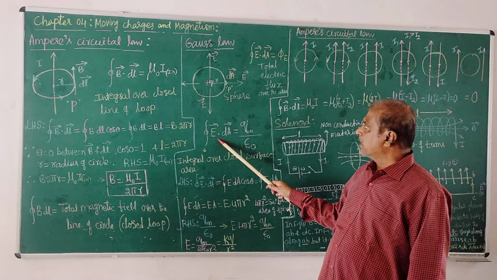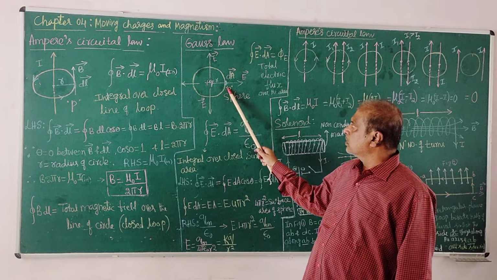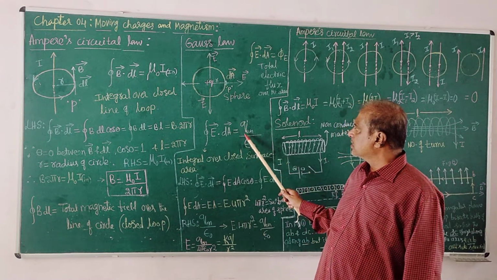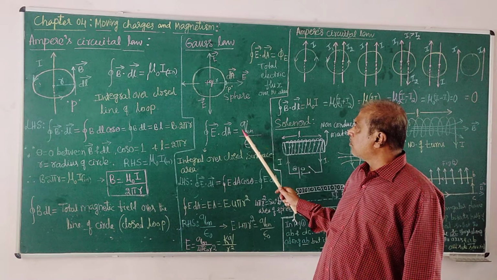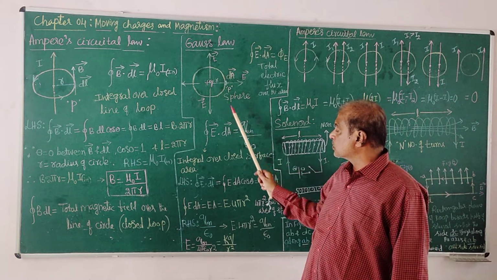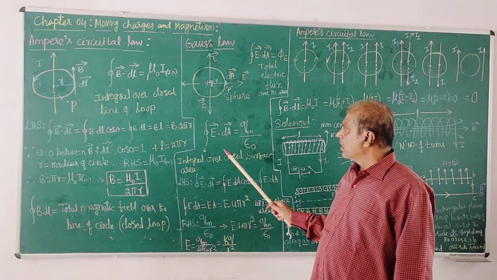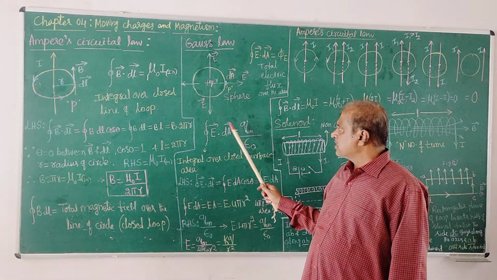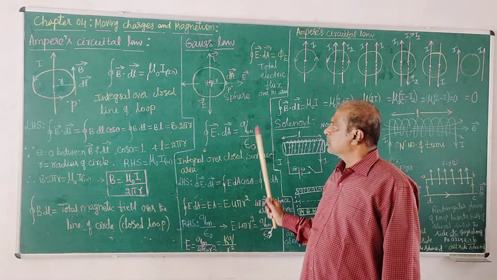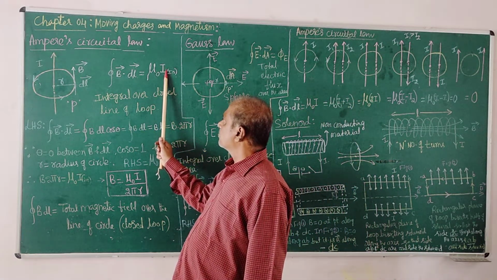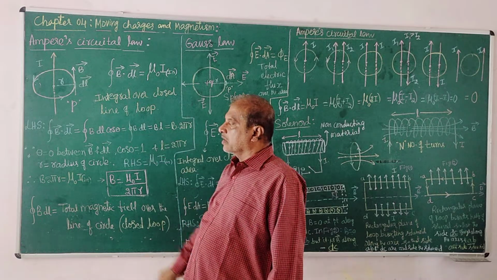And the electric field over the entire surface area depends on the amount of charge enclosed, Q. The difference: electric field depends on the amount of charge, magnetic field depends on the amount of current in the conductor.